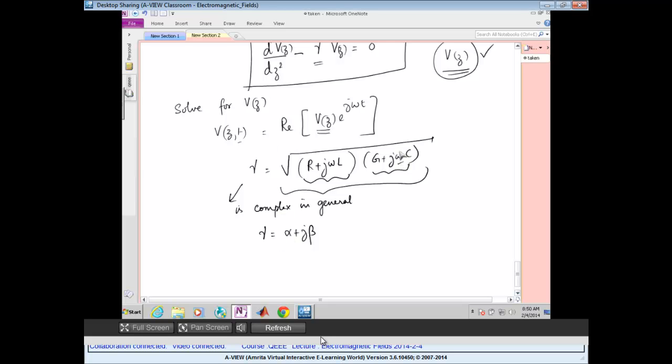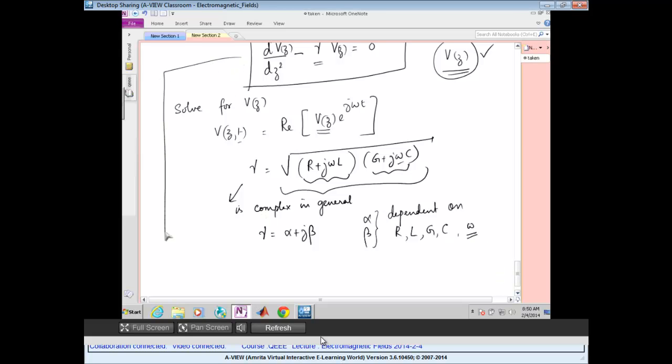I can represent all that as a real plus j imaginary part, and alpha and beta are now dependent not only on R, L, G, C. What I want to highlight is that they depend on omega, which means this constant is going to change with the frequency that you are using. Different frequencies would respond differently, right?